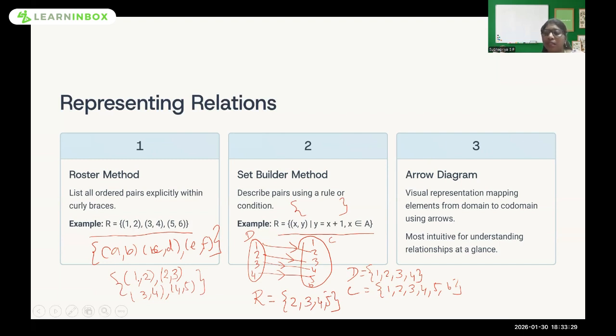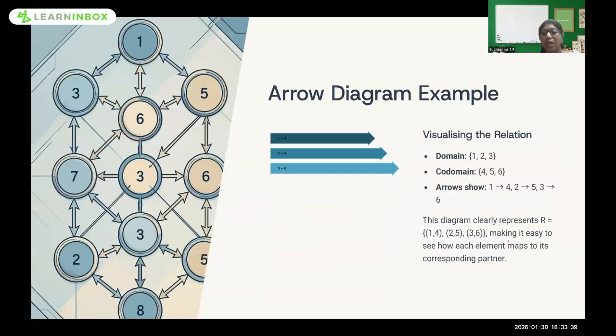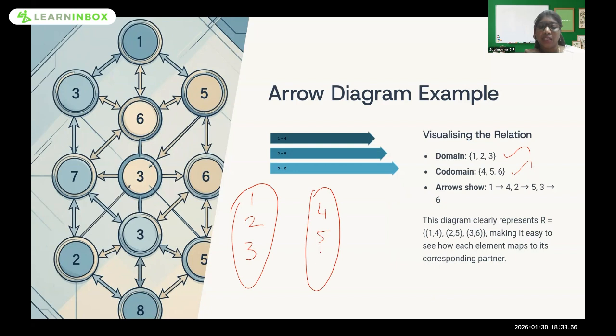Arrow diagram is nothing but the visualization of mapping, the one which I draw now also. This is what your arrow diagram means. Let's see arrow diagram examples. So I'm going to visualize a relation with the domain 1, 2, 3, codomain 4, 5, 6. And I'm going to add your arrows. 1 goes to 4, 2 goes to 5, and 3 goes to 6.